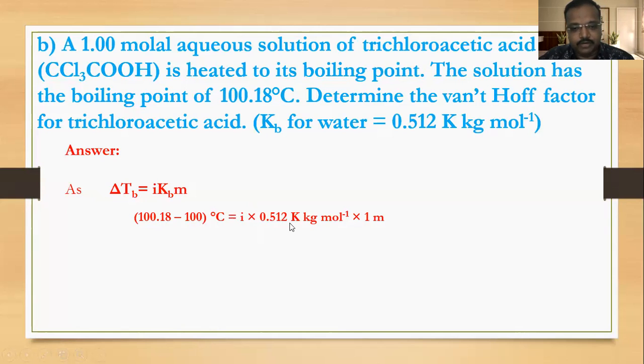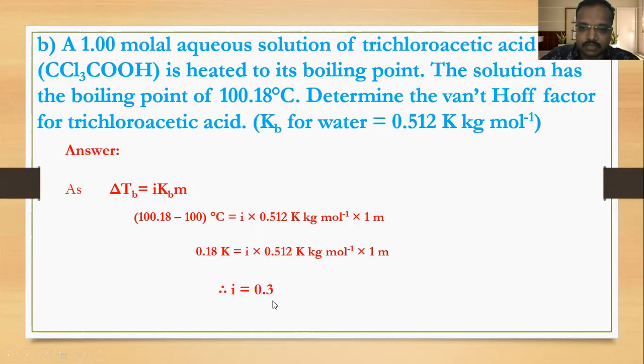Kb is already given as 0.512 Kelvin kg mole inverse into 1 molal. You can write 1.00 molal as 1 m. Substituting, we get i equal to 0.13.